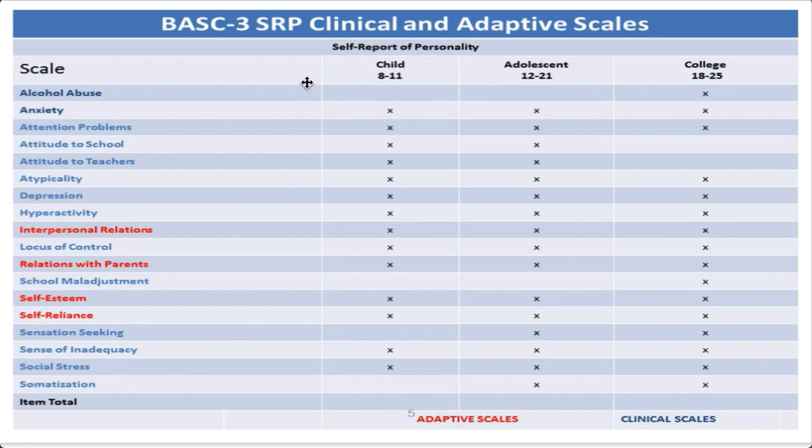But you do not see ages 6 to 7, because that is filled out by the interviewer, not the child. And they'll just check an X or leave it blank if any of these items pertain to them.